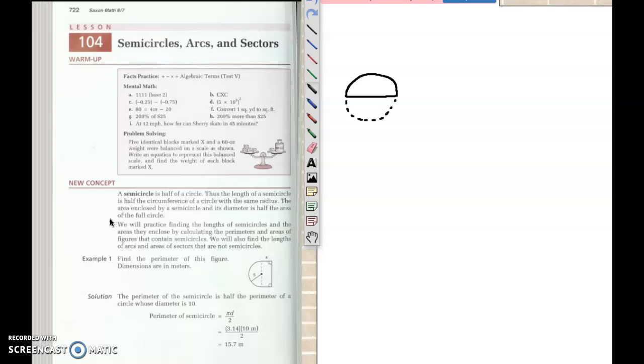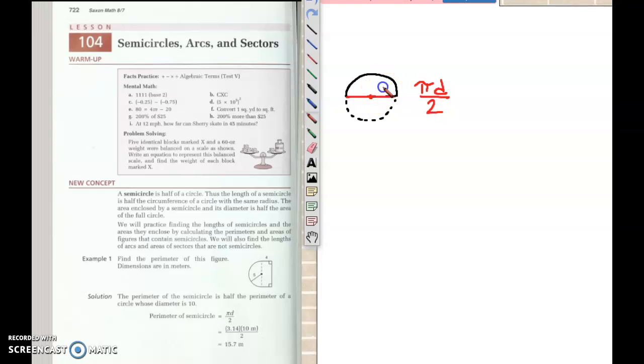So let's talk about a semicircle. You know that a semicircle is half of a circle, and what that means is the length of a semicircle is half the circumference, which is half of the measurement around a full circle, and it still has the same radius and the same diameter. The formula for the perimeter of a semicircle is pi times the diameter divided by 2.